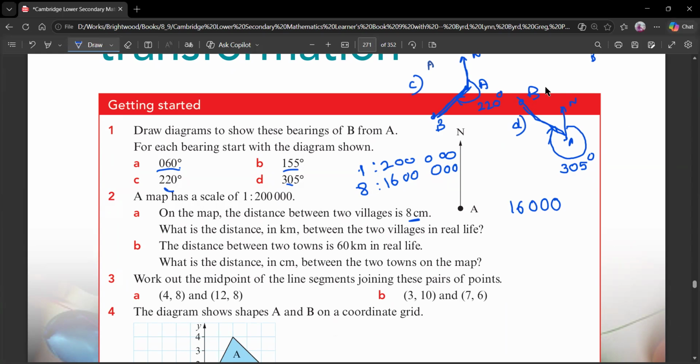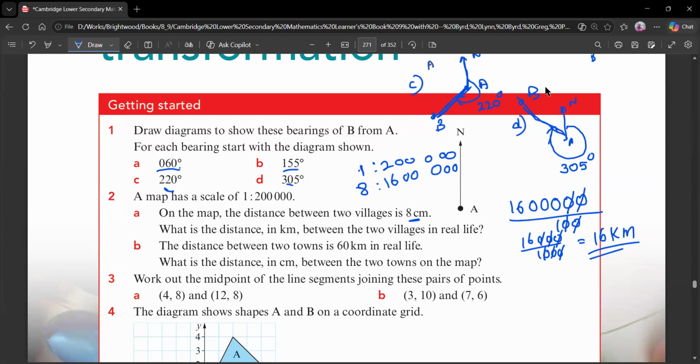If you want to convert it to meters, you have to divide by 100. Meters to kilometers, you have to divide by 1,000. Three zeros cancel. It's 16 kilometers.